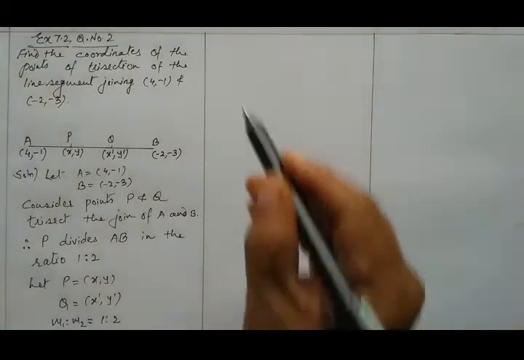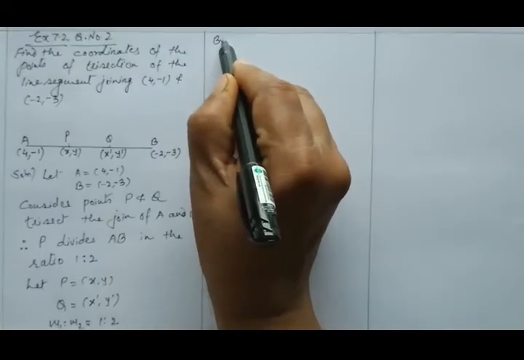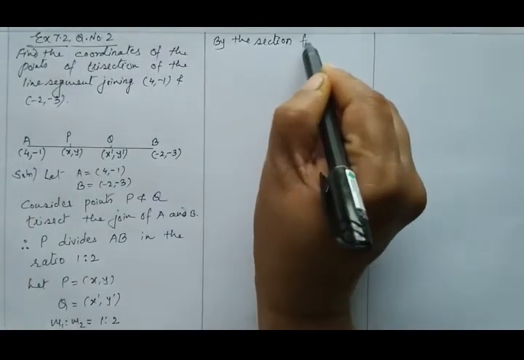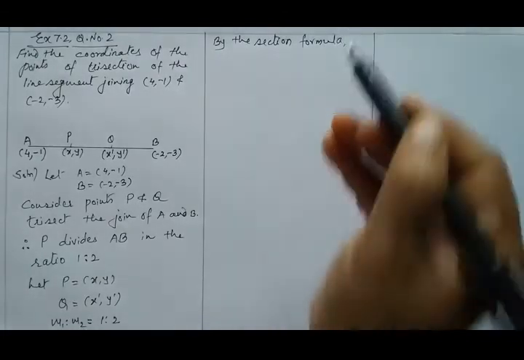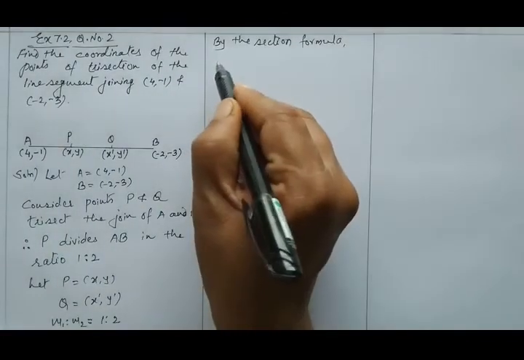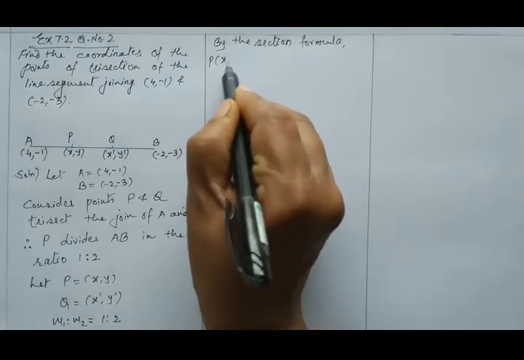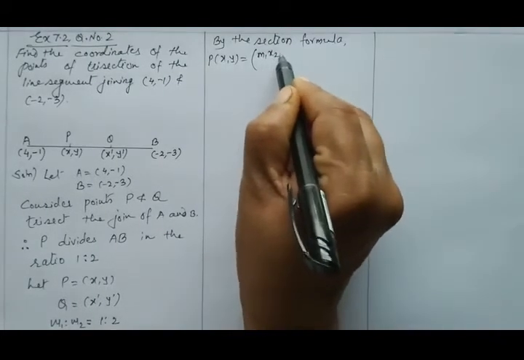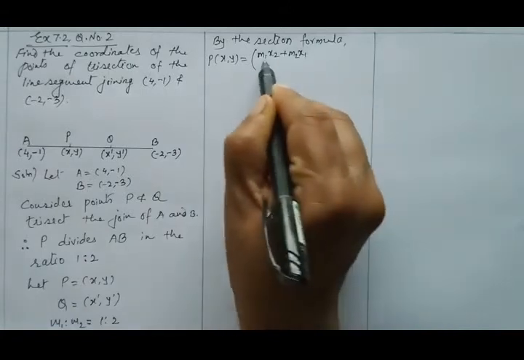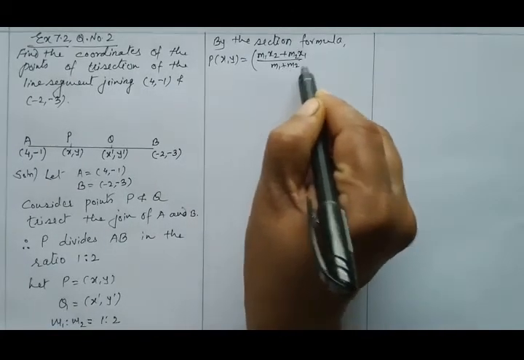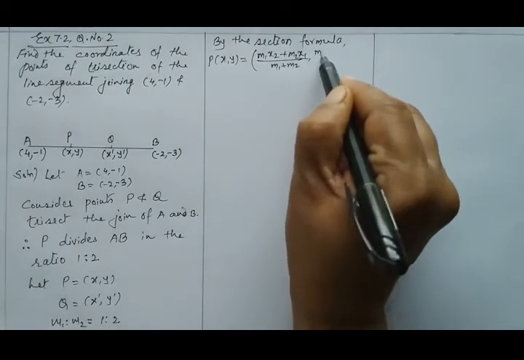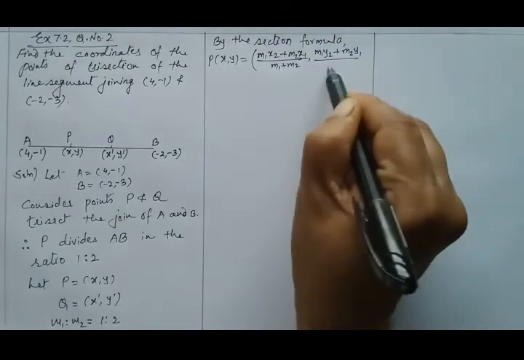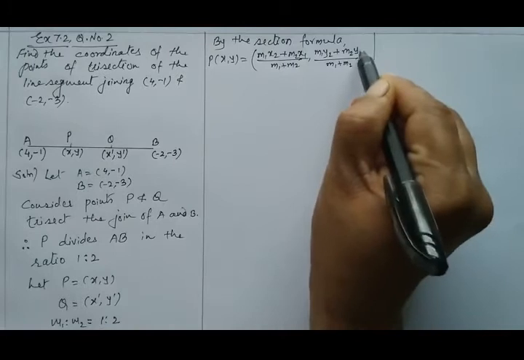Now by the section formula, P x comma y is equal to m1 x2 plus m2 x1 upon m1 plus m2, m1 y2 plus m2 y1 upon m1 plus m2.